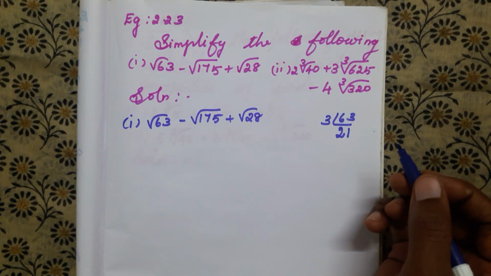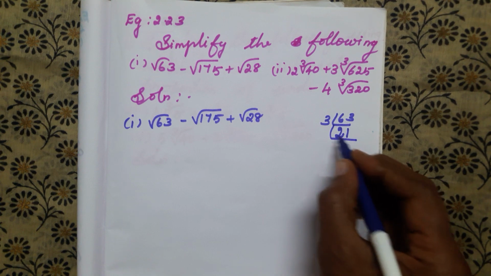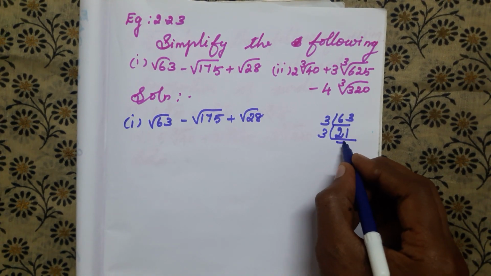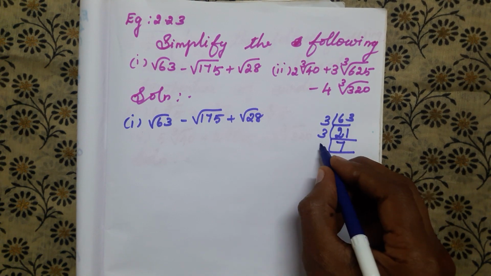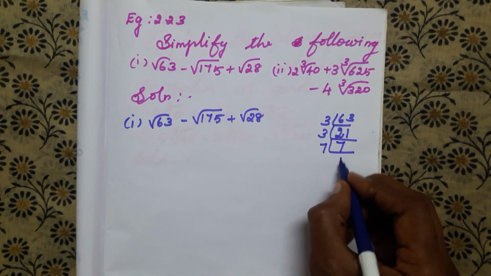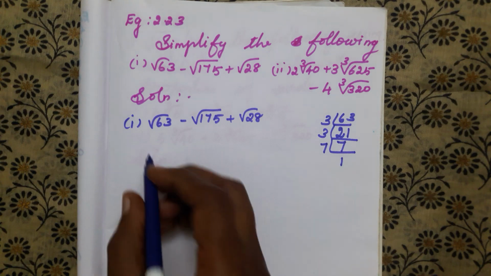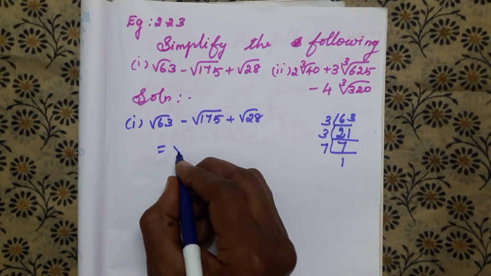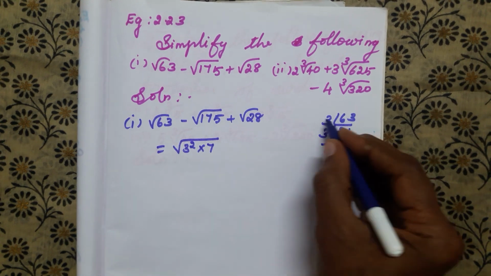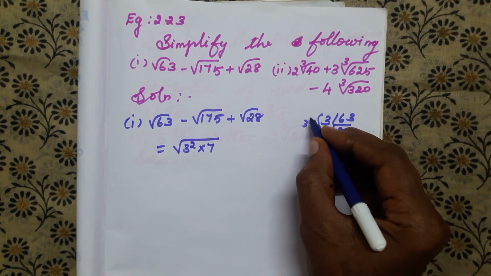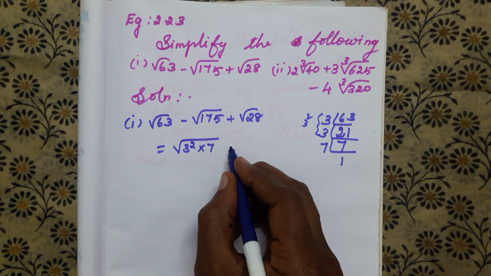Next again we can factorize with 3 table. 7 3s are 21. Now this is a prime number. So we can factorize with 7 table. 1 7 is 7. So we can write this as 3 square into 7.